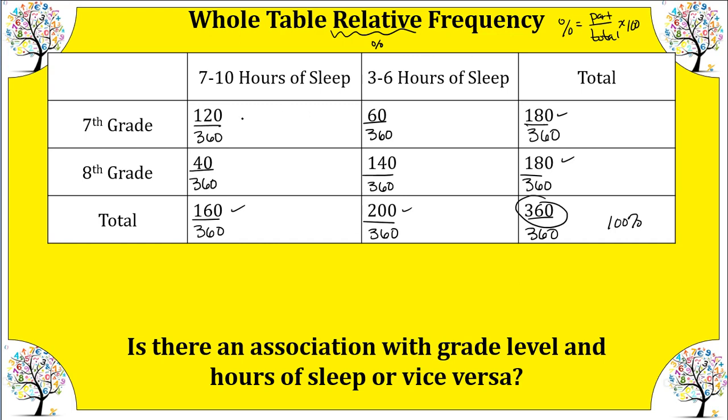I'm not going to write that on the board, so I'm just going to be calculating each of these. And I'm going to round to the tenth. And of course, 180 out of 360 is half, so that's going to be 50%.